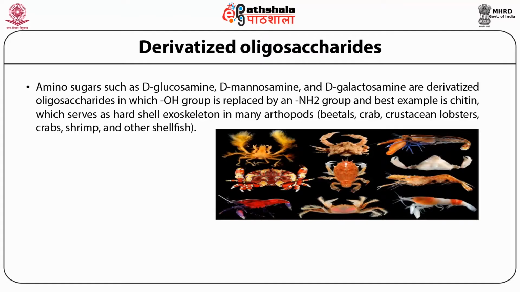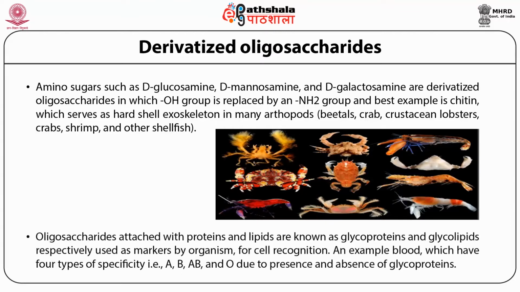We can see beetles, crabs, crustaceans, lobsters, shrimps and other shellfish all have a very hard shell which provides them protection and defends them from predators.